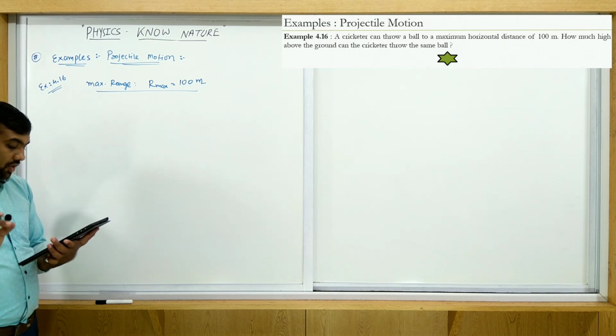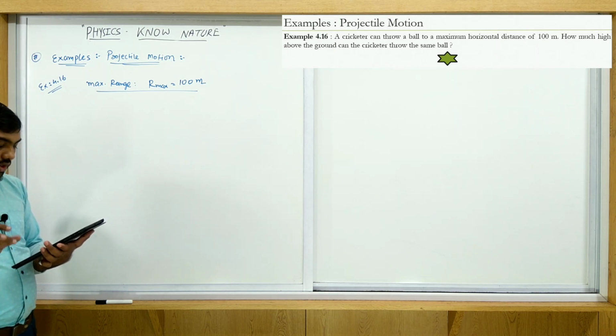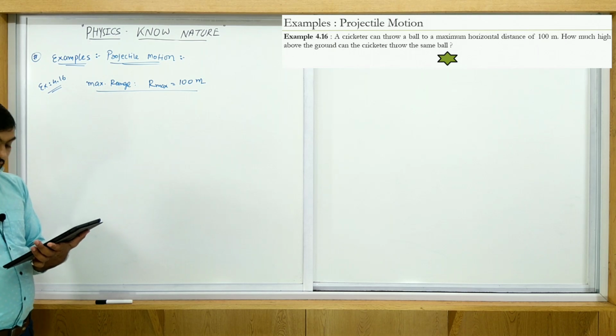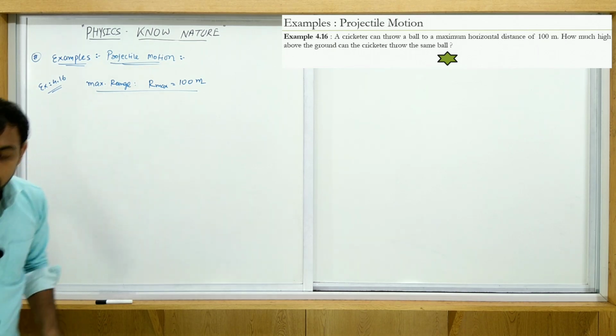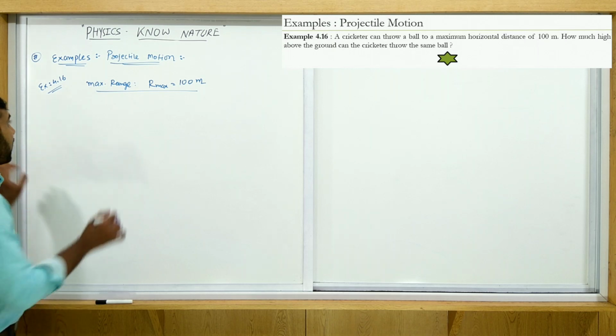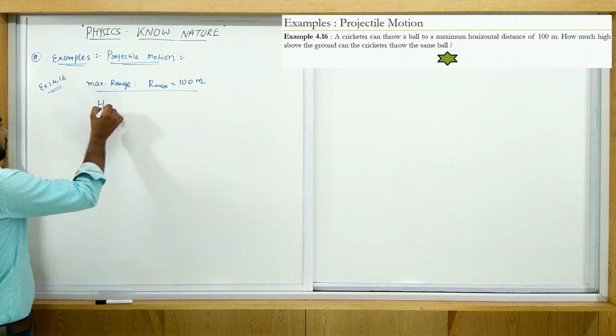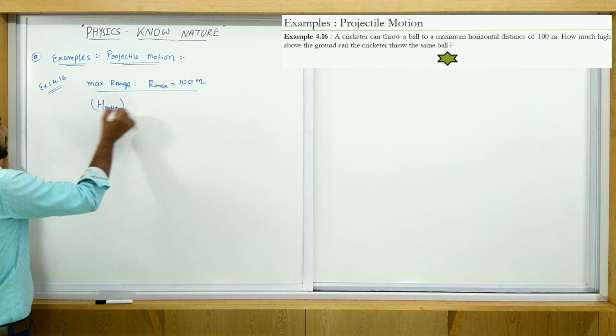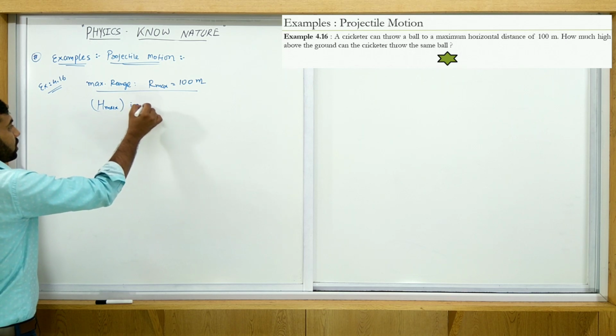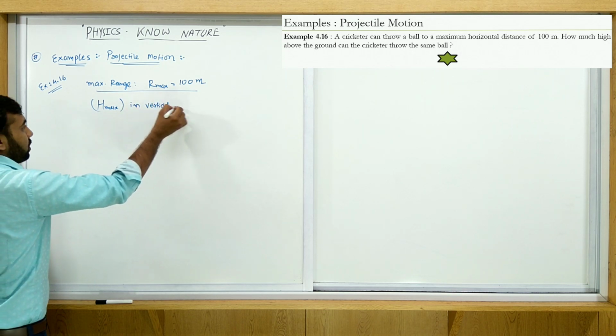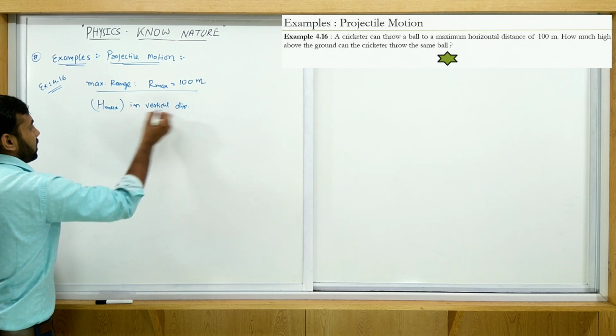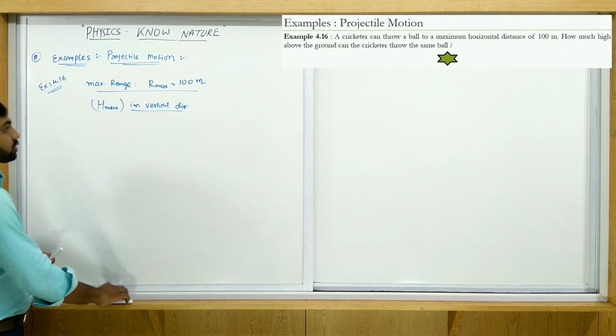How much high above the ground can the cricketer throw the same ball in a vertical direction? So we have to find out maximum height in vertical direction. Okay, let's solve this problem.